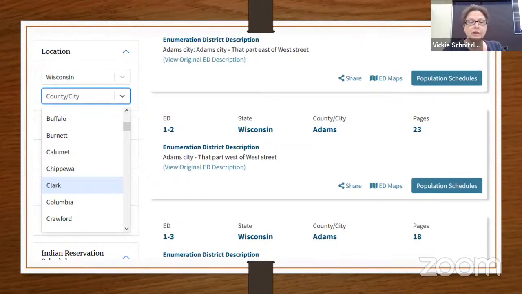Before we go on to the next slide, as soon as you put the county in, I want you to notice that automatically all of the enumeration descriptions and designations for Clark County came up. They're semi in alphabetical order, but not completely.